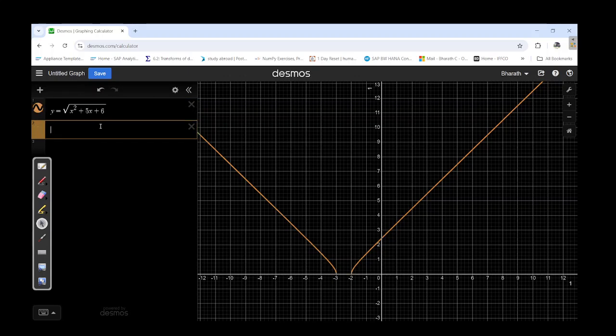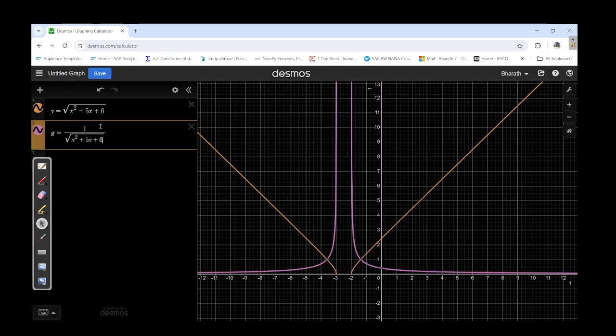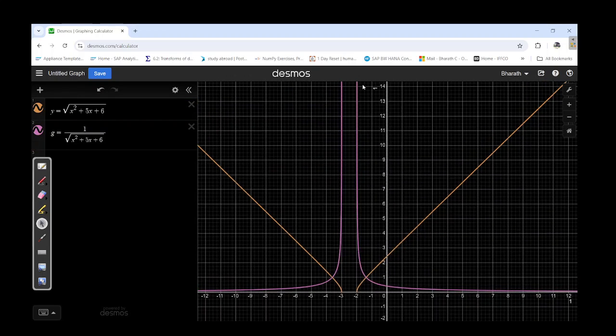And if I have g is equal to 1 over square root of x square plus 5x plus 6, I can see the graph g at minus 2 comes from a very large value and goes to 0, whereas this function starts from 0 and goes to infinity.